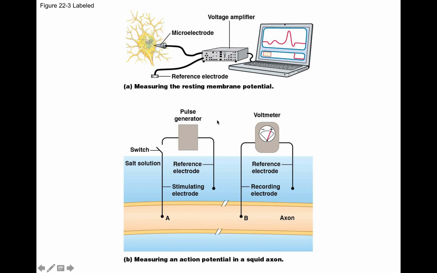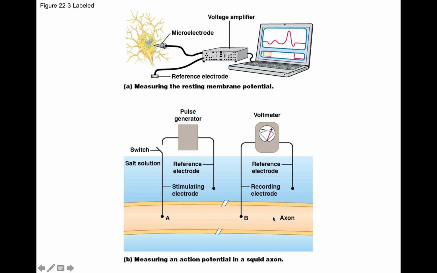And in a cell, you can have your reference electrode outside the cell and your microelectrode inside the cell, and you're measuring the potential difference across those. The cell is contiguous with the axon. The axon is a process of the cell, so you can measure what's happening in axons by doing this.